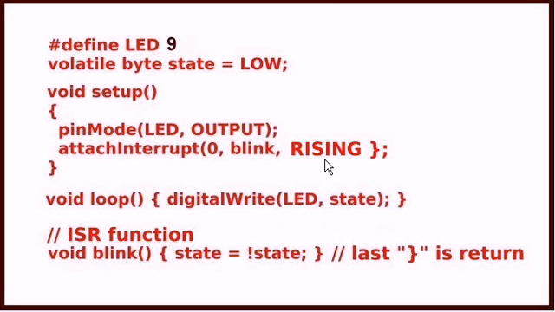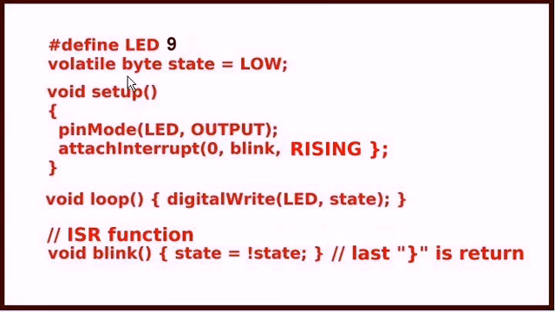When it goes from low to high, the interrupt will run through its sequence of halt on the last instruction and shut down any more interrupts, go do my interrupt routine, and come back. That is the electrical condition that it's looking for on digital pin 2. When I press that switch and it goes from low to high, or rising, it will jump to the interrupt service routine blink. Blink is down here at the bottom.